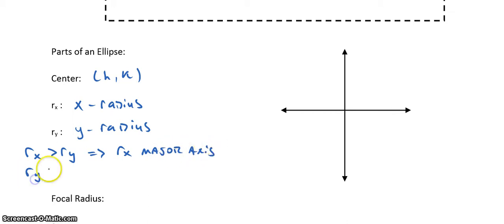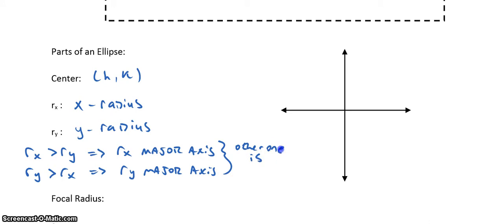And the same, if our y radius is larger in value, we say the y is my major axis. And if that's the case, the other one is our minor axis. So if my x is my major axis, my y is my minor, and if my y is my major axis, my x is my minor. Major means larger.